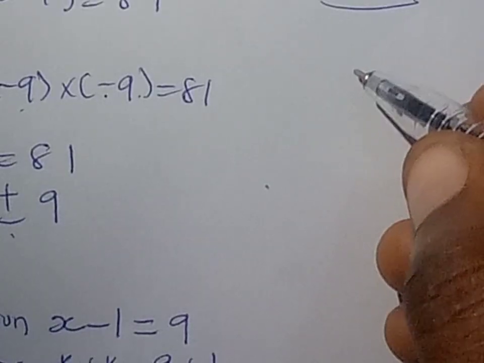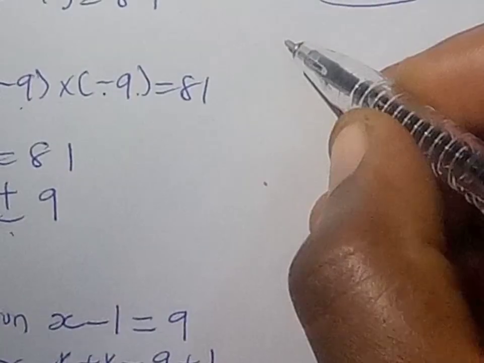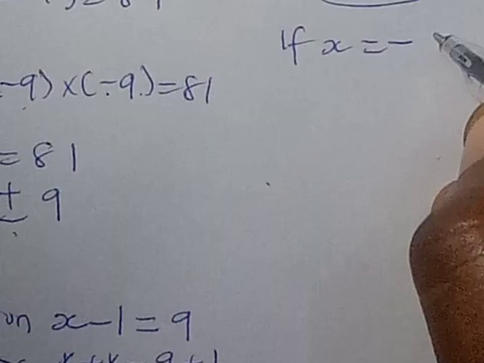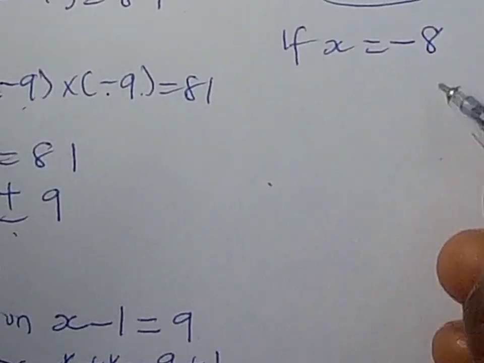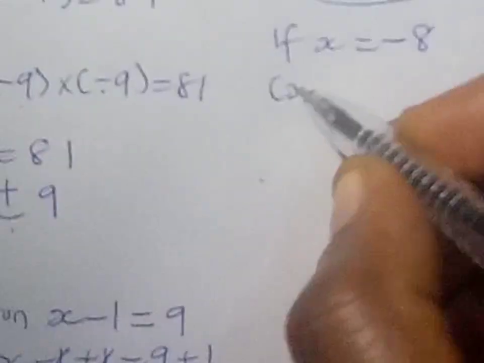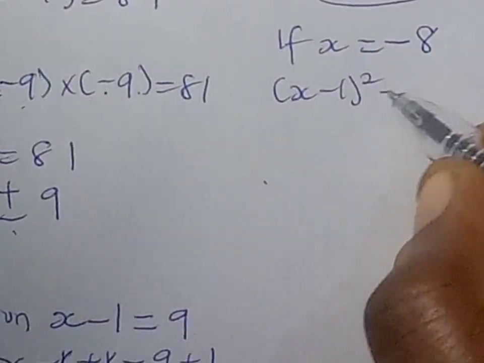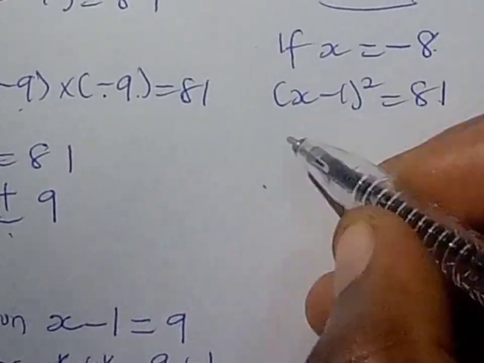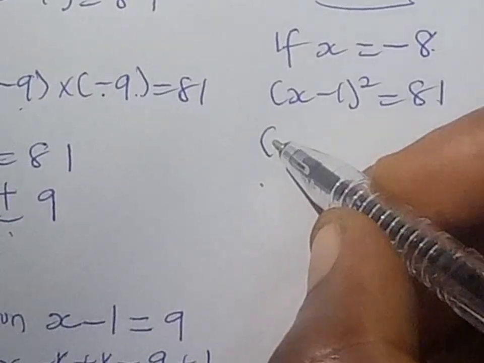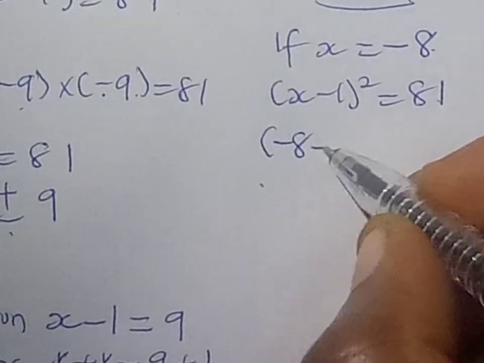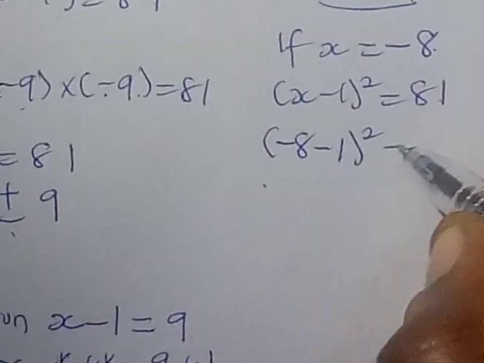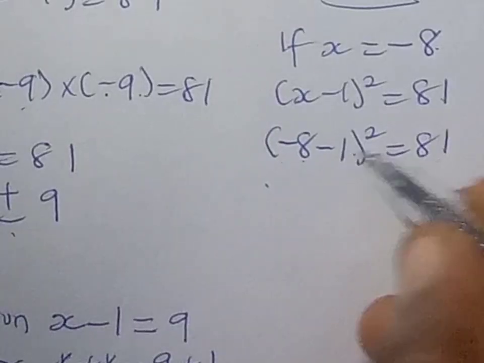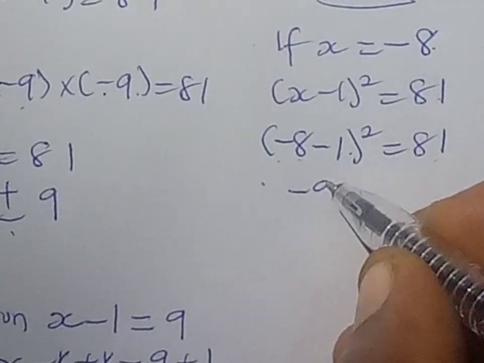Let's verify the second equation, which says x = −8. Our equation again, (x − 1)² = 81. If x = −8, so we have (−8 − 1)² = 81. −8 − 1 will give us −9.